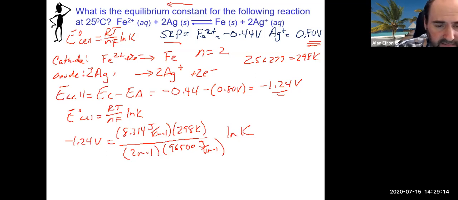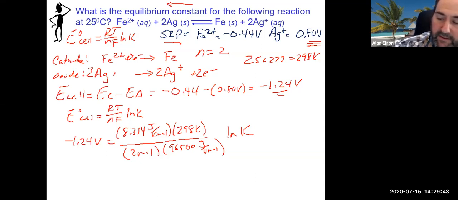We got some K's canceling, some moles canceling, all that good stuff. So I'm going to clean up everything here. And if I clean up everything, I'm going to basically take 8.314 times 298 divided by 2 divided by 96,500. I am then going to take minus 1.24 and divide that by that number.